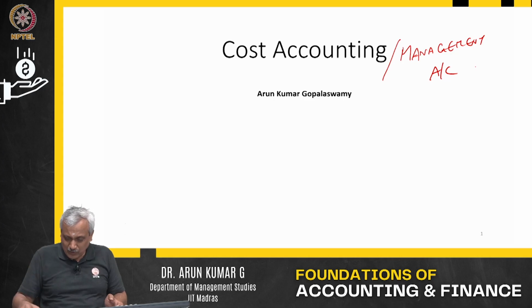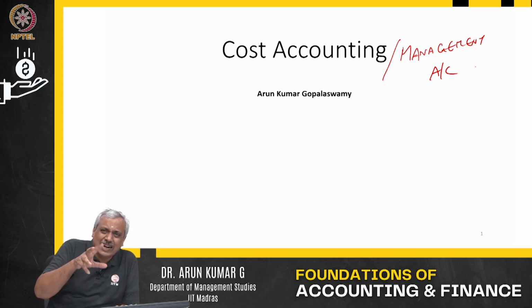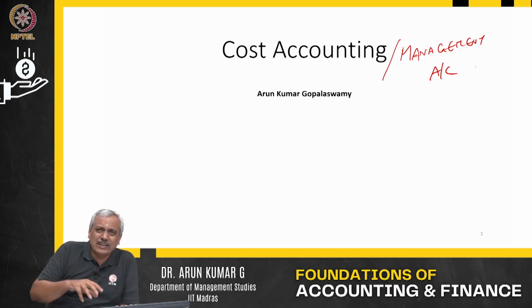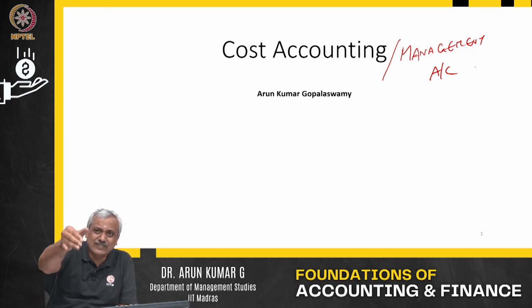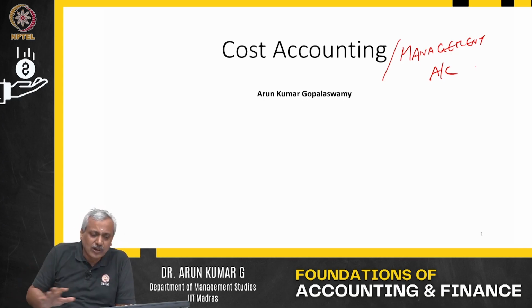You are looking at decision making. What is the kind of product mix I can have? What kind of products do I need to manufacture? When will I break even? When will I not break even? How many units do I have to sell to achieve a desired level of profit? And so on and so forth. That is what we deal with, especially in cost accounting.